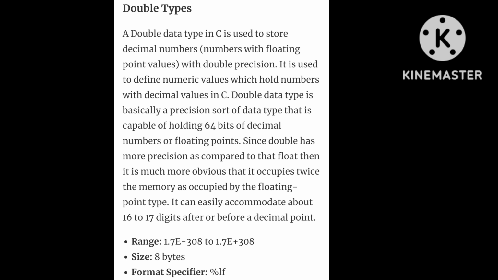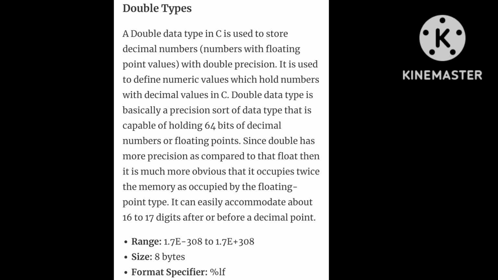And the double type. A double data type in C is used to store decimal numbers with double precision. It is used to define numeric values which hold numbers with decimal values in C. These are holding 64 bits of decimal numbers. Decimal numbers are floating points, but much more precise.